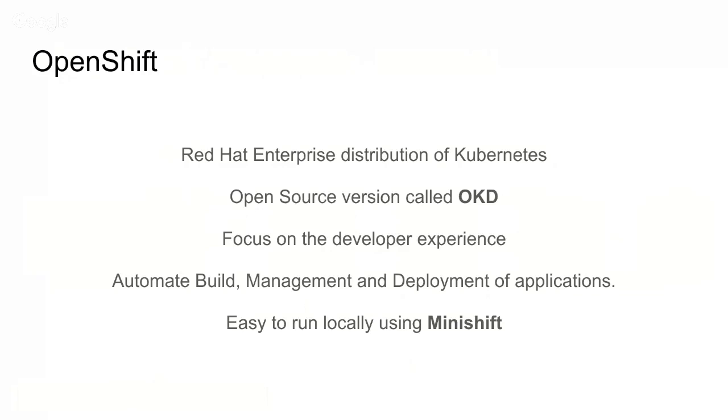And it's relatively easy to run locally. It works on Linux, Windows, and macOS. Basically, it creates a virtual machine on your local machine and starts everything. Later in the demonstration, I will be using OpenShift.